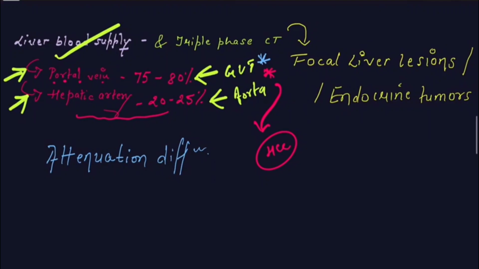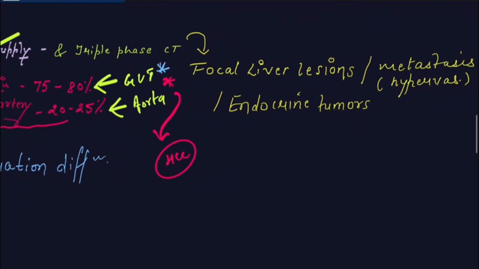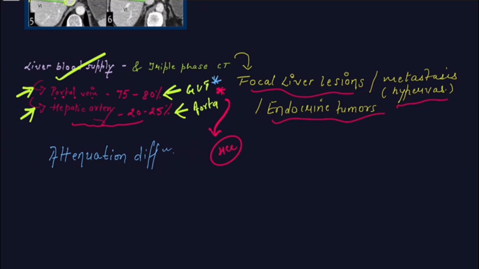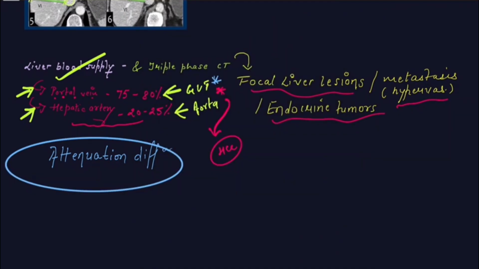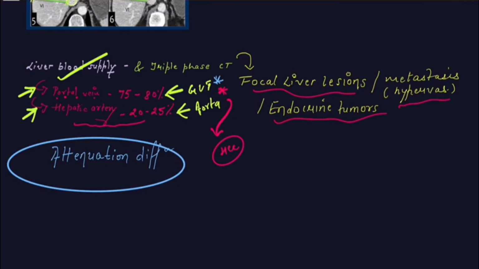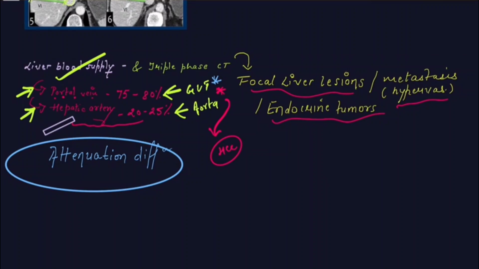Okay, so triple phase CT protocol is done to characterize focal liver lesions, hypervascular metastasis, endocrine tumors. The main thing is the attenuation difference. The percentage blood supply of the liver is lesser from the hepatic artery and more from the portal vein, but liver tumors take their majority blood supply from the hepatic artery.